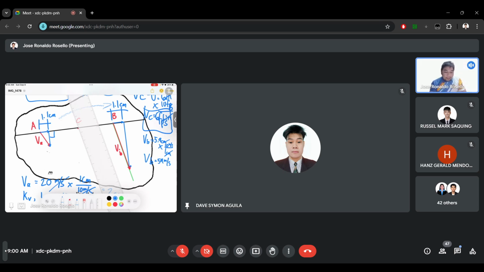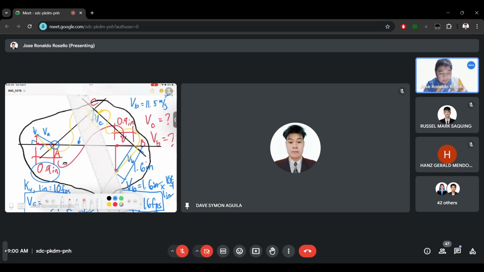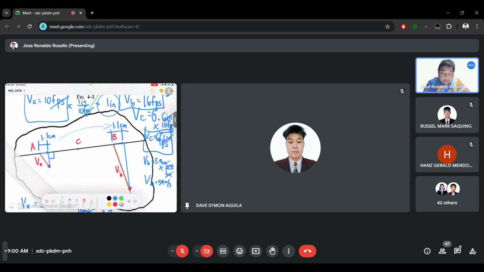And for velocity c, no direction was given. If you can remember our previous example, we used velocity a and b to determine velocity c. But for this one, it's a different case because we can see that point C is along the line of A and B. They are collinear.